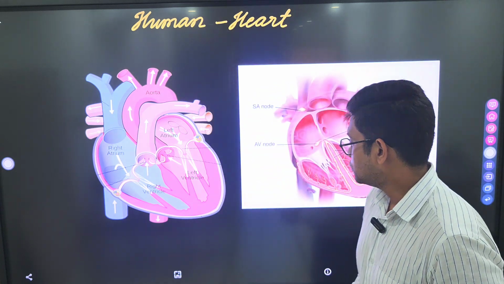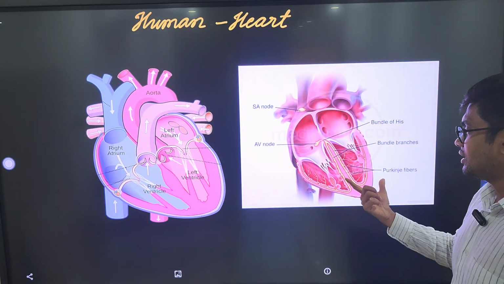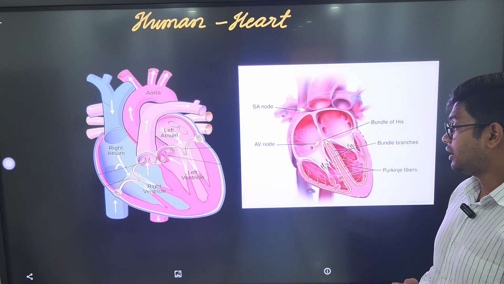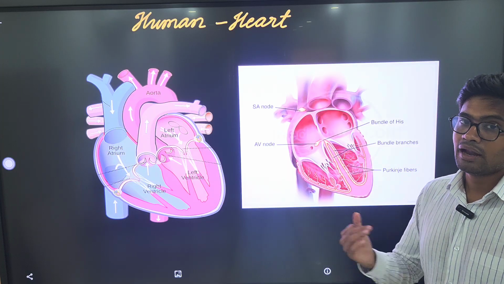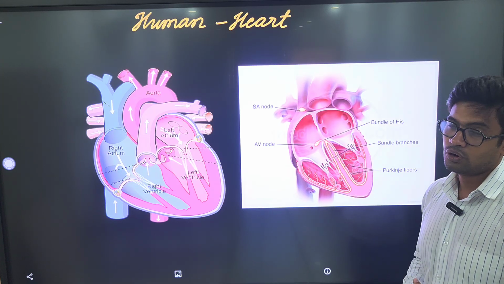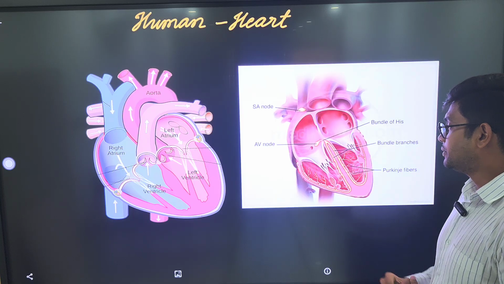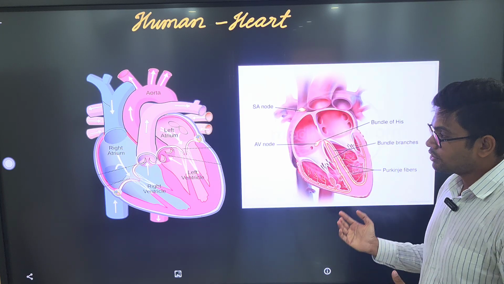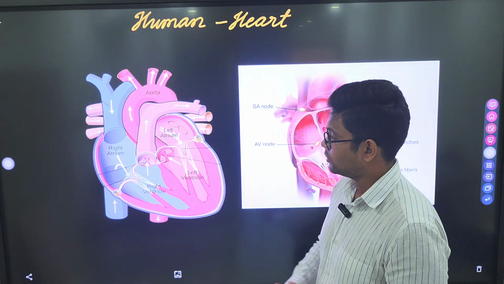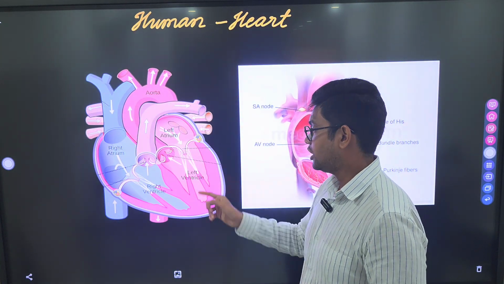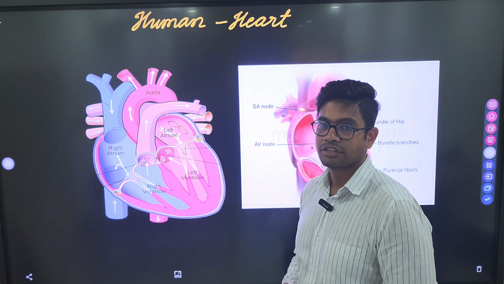When both the ventricles contract, the blood attempts to go back to the atria, but this attempted backflow is prevented by the closure of the tricuspid valve on the right side and the bicuspid valve on the left side, and the blood is forced to enter the pulmonary artery from the right ventricle and the aorta from the left ventricle.